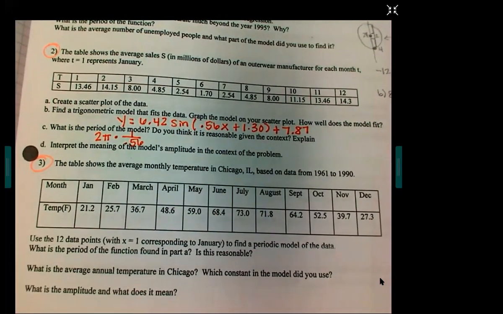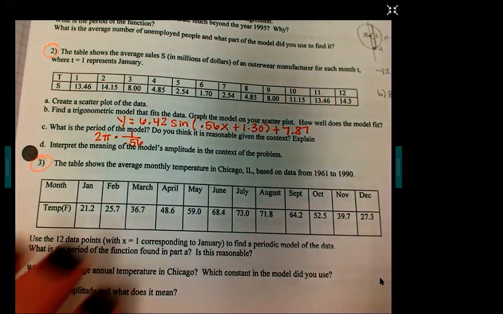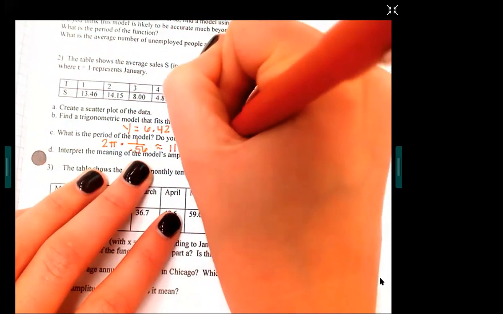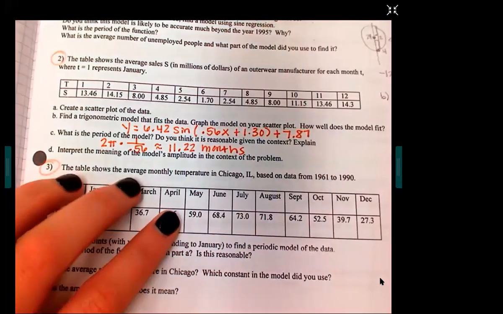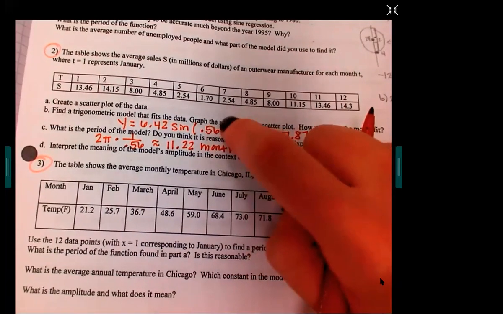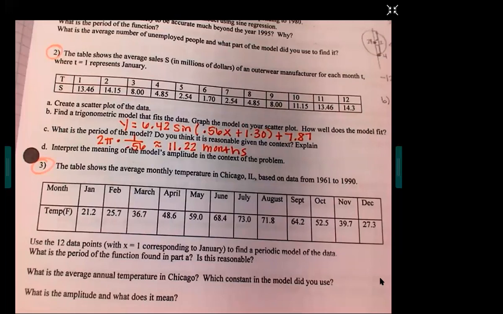Y'all could type it into Desmos in a new box. I'm going to do 2 pi times 1 divided by 0.56. And I'm getting for the period that it will repeat every 11.22 months. 1 over 0.56, do the reciprocal.